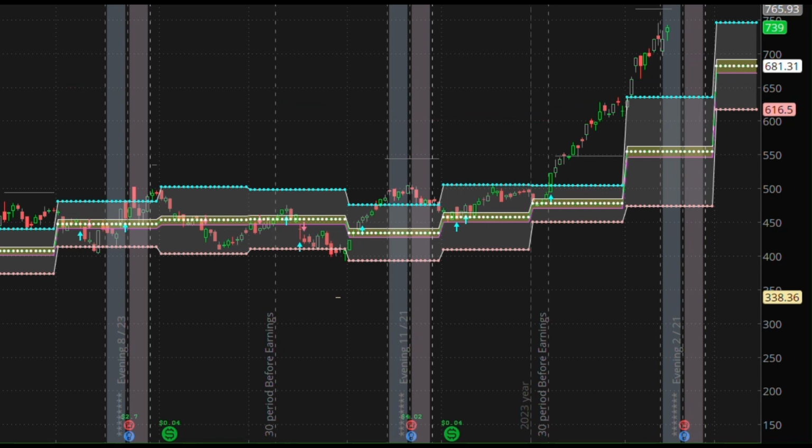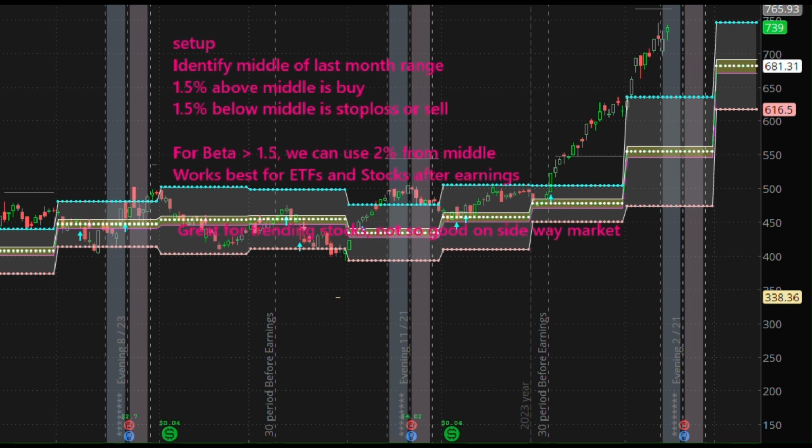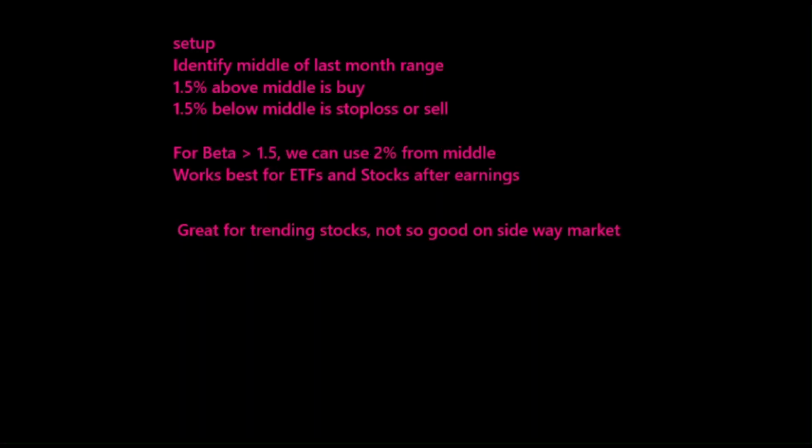That's all we have. Let's look at the strategy one more time. Let's look at the setup. Identify the middle of the last month's range. Buy above 1.5% from the middle. Stop loss is 1.5% below the middle.